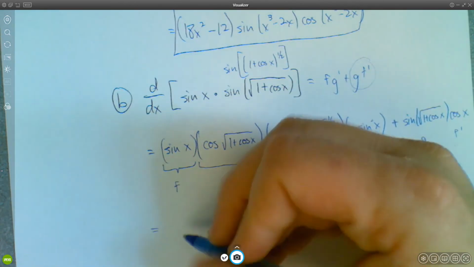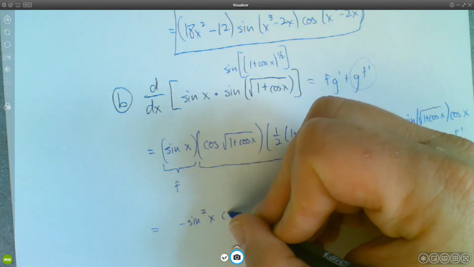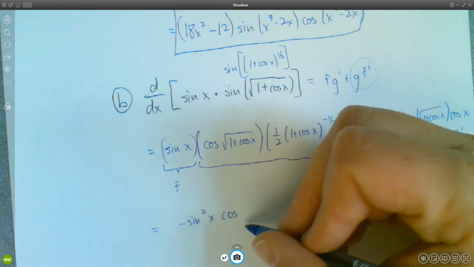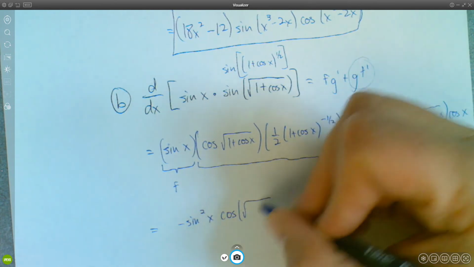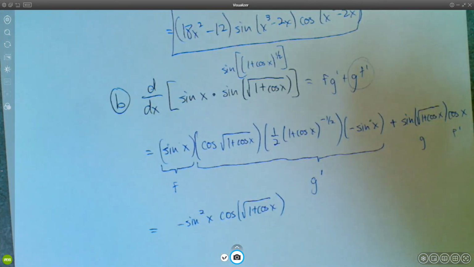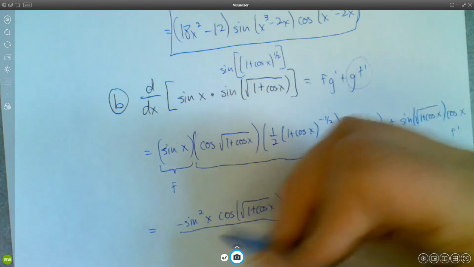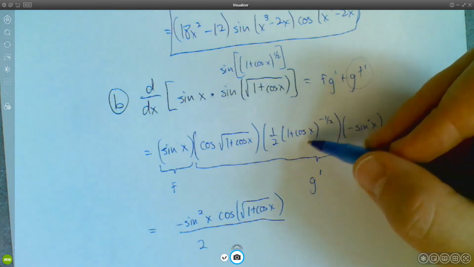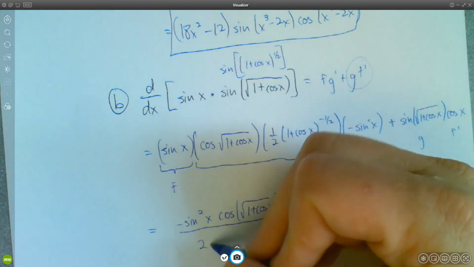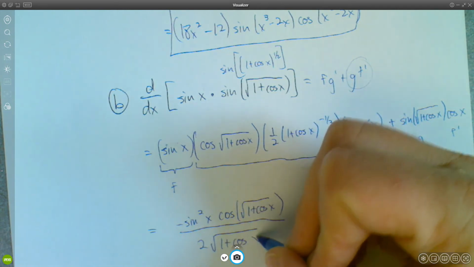So I think I'm going to have negative sine squared x times cosine of the square root of 1 plus cosine x over 2 times the square root of 1 plus cosine x.